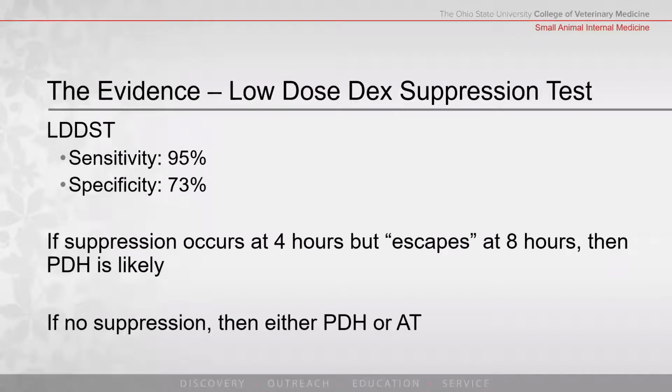In contrast, a low-dose DEX suppression test actually has about 95% sensitivity and 73% specificity, meaning you will pick up almost all of the cases that truly have Cushing's, but you may have some patients that don't have Cushing's that will still test positive.